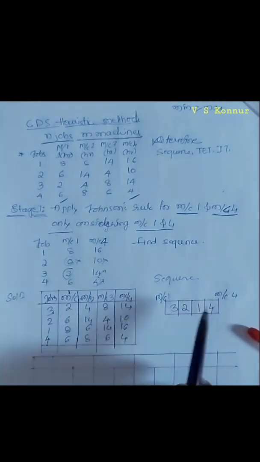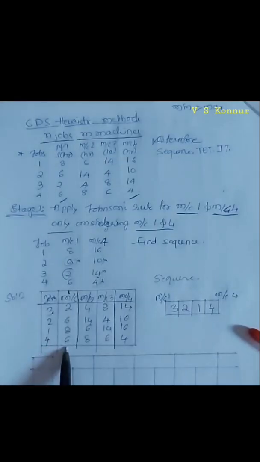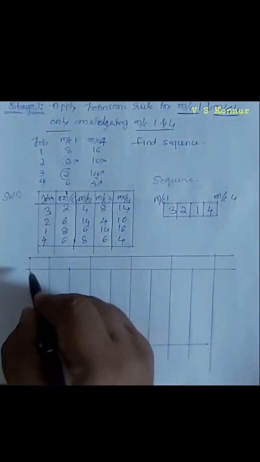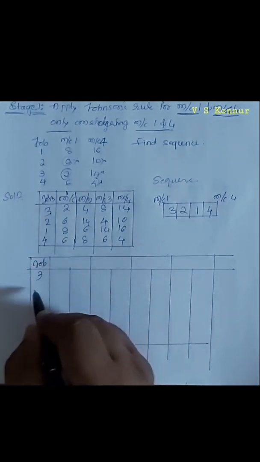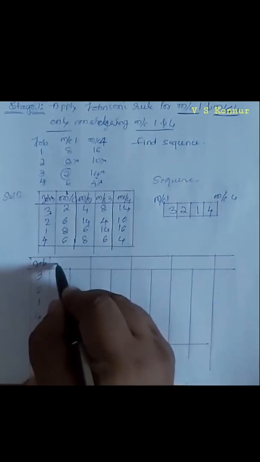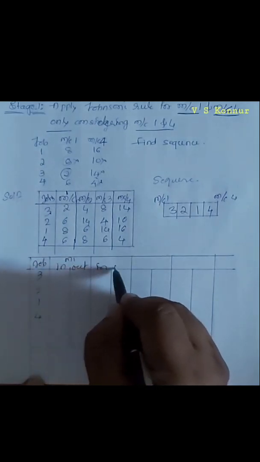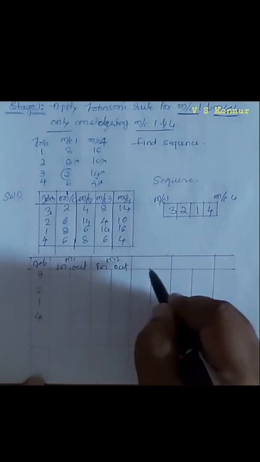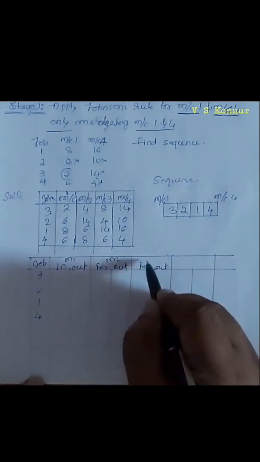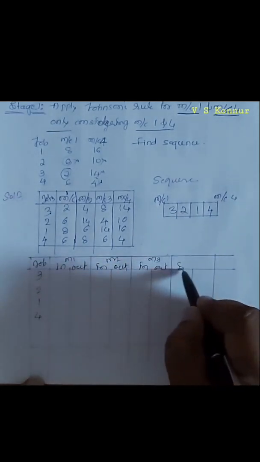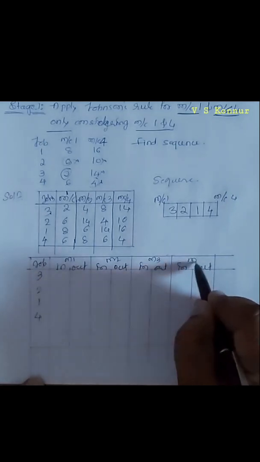After getting the 3, 2, 1, 4 sequence, I have found the table once again according to 3, 2, 1, 4. Now we will move on to jobs 3, 2, 1, 4, with in and out for M1, in and out for M2, in and out for M3, and in and out for M4.